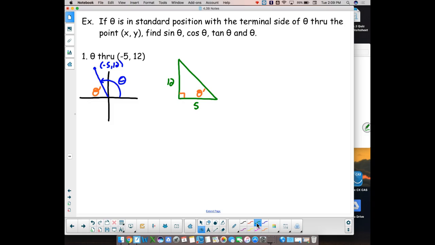Now, notice I dropped the negative sign on the 5 because I'm dealing with a triangle, so I want to think about that as a side length of the triangle and it being positive. Do I have everything that I need on the triangle, or should I find one more thing?